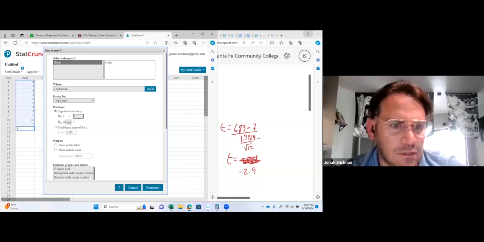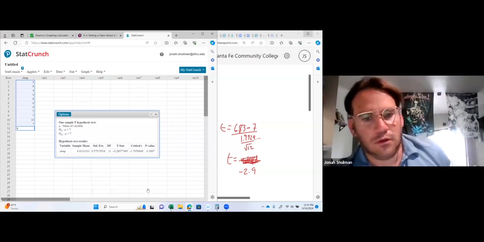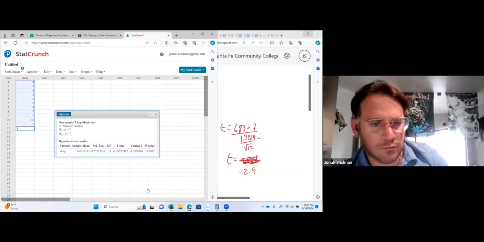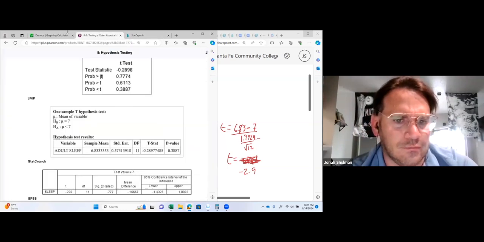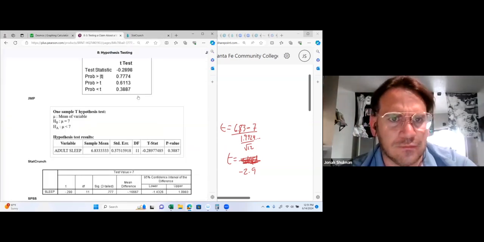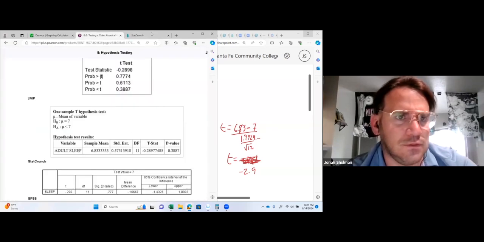Maybe if I have it highlighted. Yeah, okay, so I have to highlight the data. That's the only difference. Okay, I'm fine with that. If you highlight the data, then you'll get the right answer. Perfect. And it looks exactly like this. All right, let's keep going.